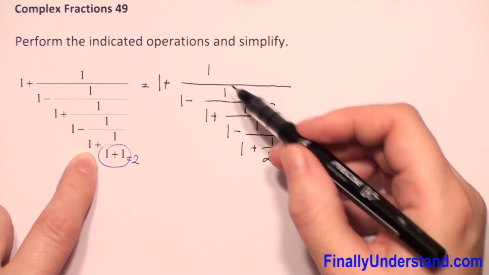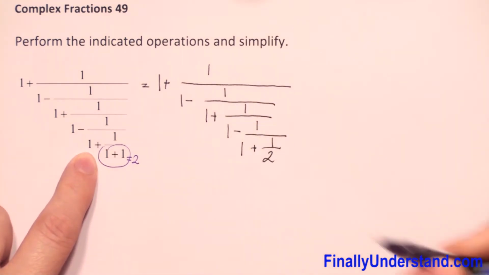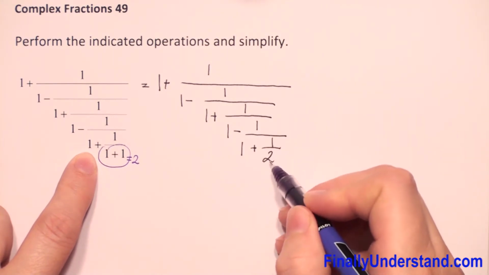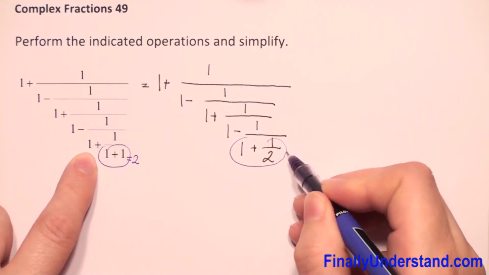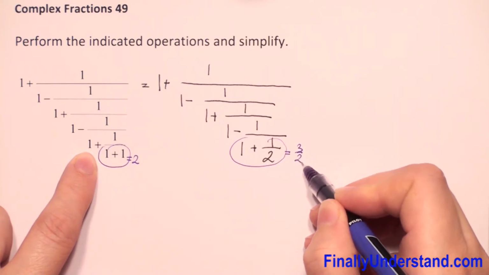So now again we have to go inside, and 1 plus 1 over 2 is equal to 3 over 2.